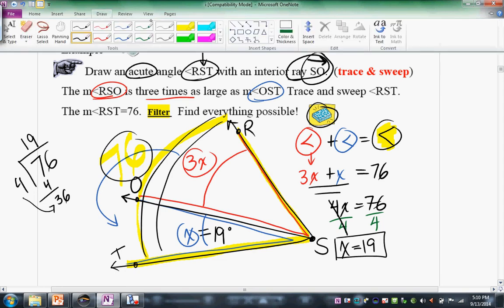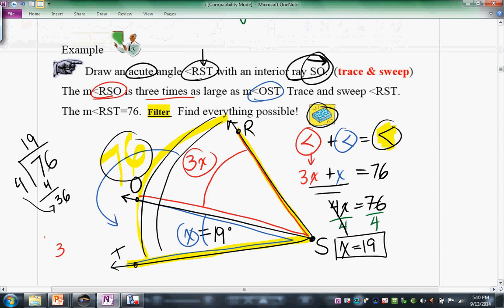So now, to find the red, we're going to do 3 times 19. Again, get your hands off those calculators for a single digit multiplication. 3 times 9 is 27. Carry the 2. 3 times 1 is 3. Plus 2, that's going to be 5.